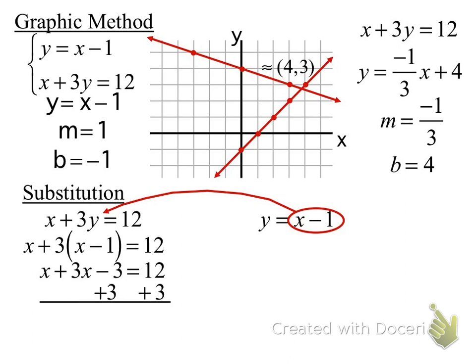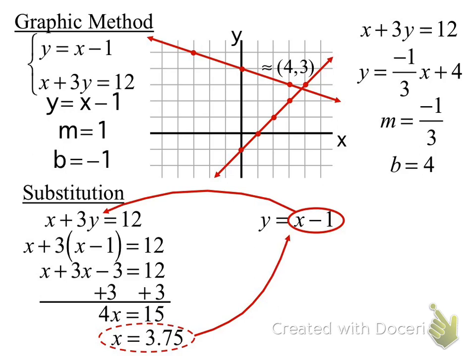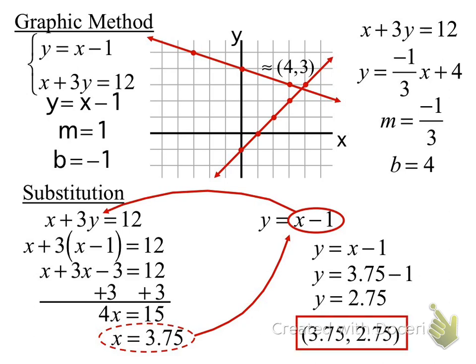I can add 3 to both sides, divide both sides by 4, and we get x equals 3 3/4, or 3 75/100. Now I can substitute it in, and I get y equals 2 75/100. So my solution is 3 75/100, comma 2 75/100. Do you see how I can get exact with substitution?